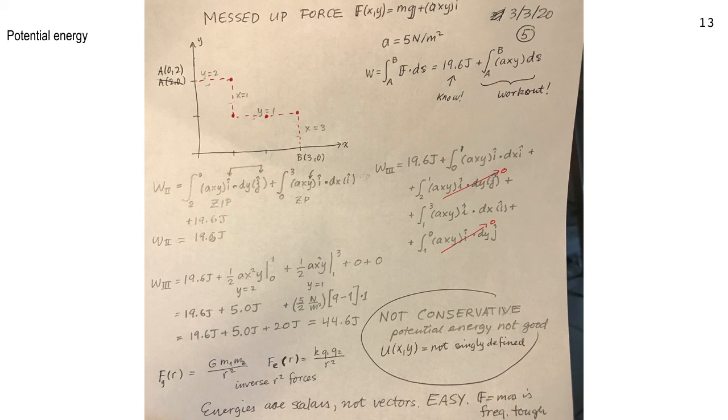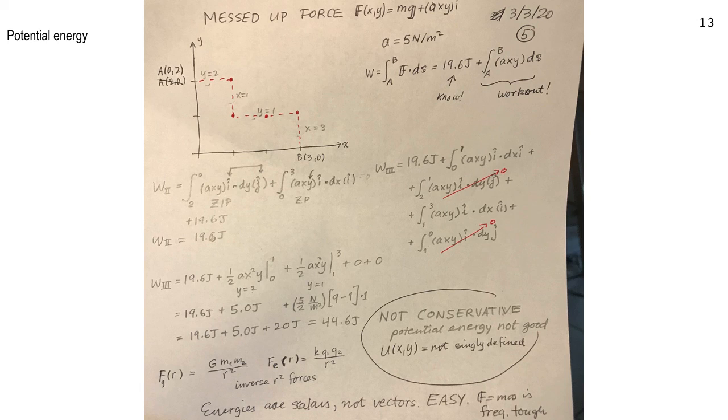Okay, so that's going to give me a number. All right. Plus, the next part is the integral from 2 down to 1 of axy times i hat dotted into dy times j hat. Uh-oh. That's going to give me zip zap because I got another j hat dotted into i hat.